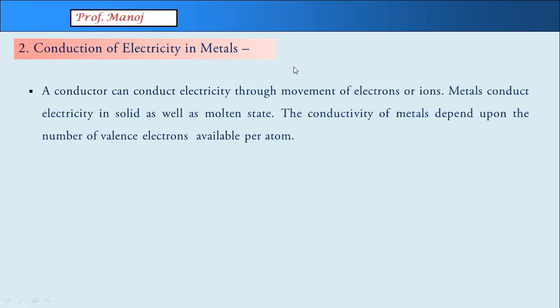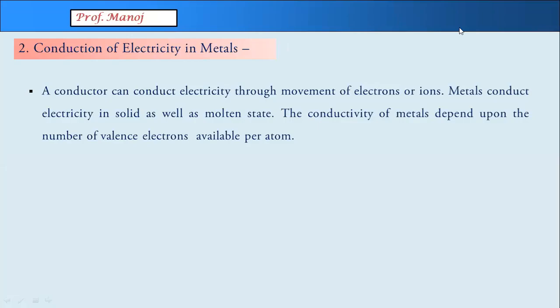For example, sodium has 3s1 as the outermost orbital, which means there is only one extra available valence electron. On the other hand, magnesium's outermost orbital is 3s2, so a pair of electrons is present.